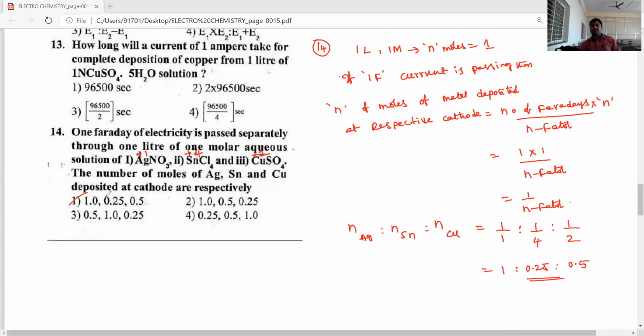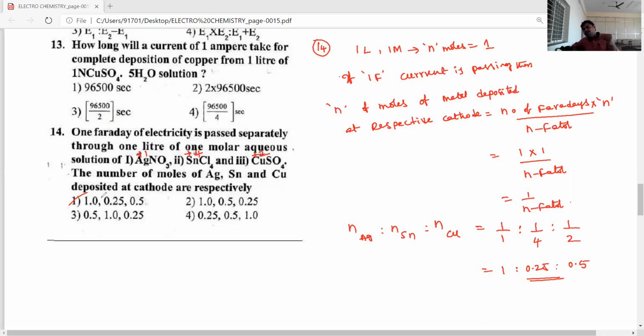See, in this case, first for the given electrolytes, we have to calculate how many moles of metal ions are present. 1 molar 1 liter solution means silver is 1 mole, tin is also 1 mole, copper is also 1 mole, and we are passing 1 Faraday current.